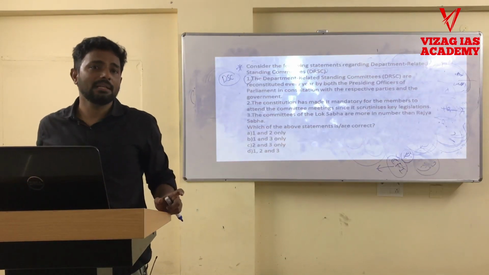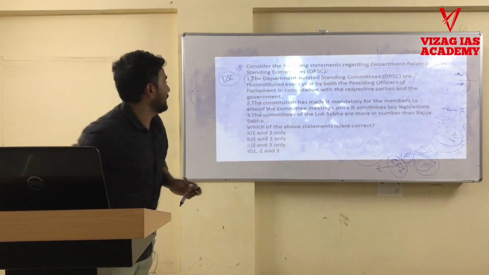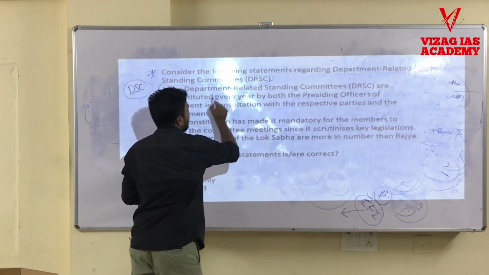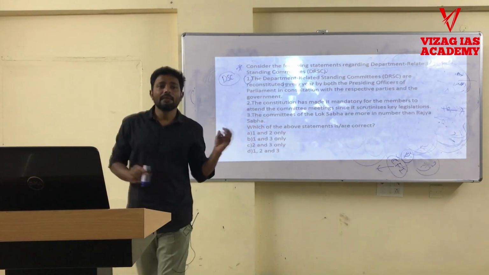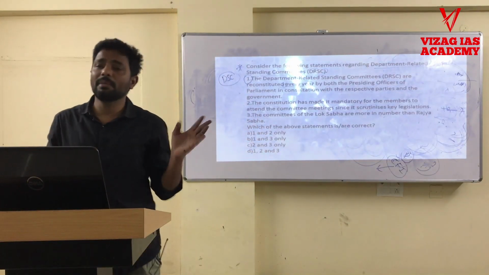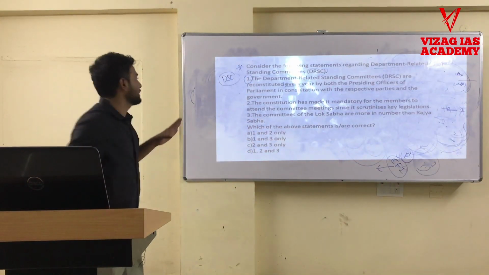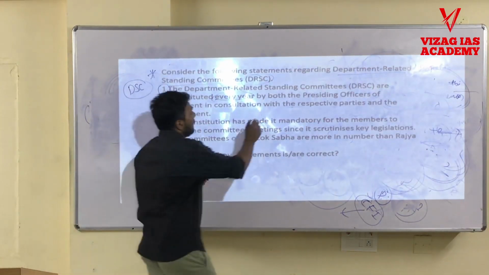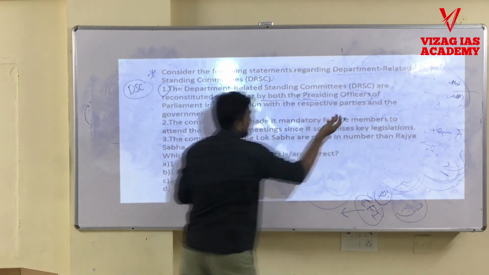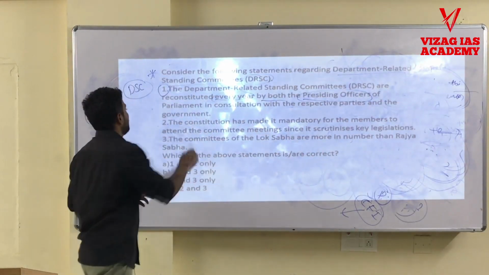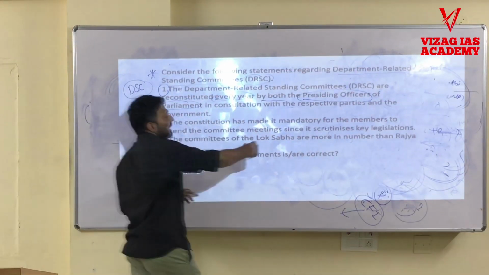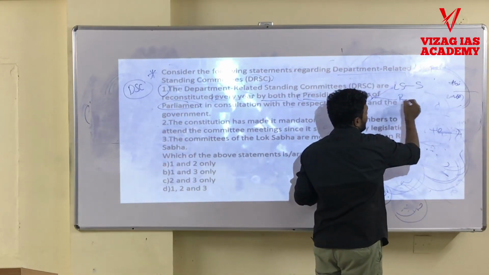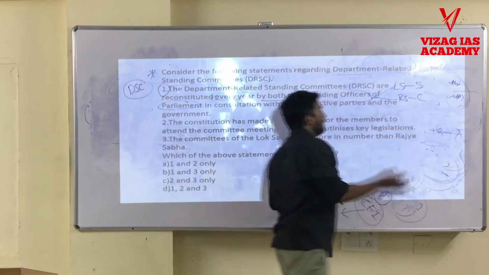Departmental standing committees, one thing is sure, that they are constituted every year, right? All the departmental standing committees will be constituted fresh every year. But by whom? Presiding officer. Is it correct or not? It is also correct. Presiding officers, here in this case the Lok Sabha Speaker, and in Rajya Sabha's case it is the Chairman.